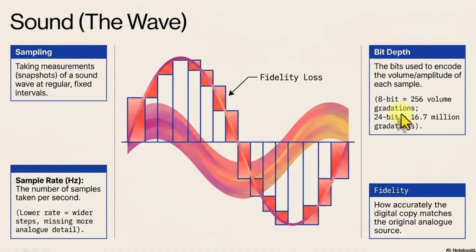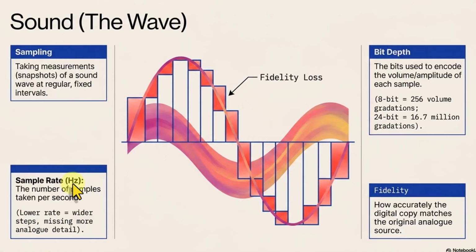Then see here in sound, okay, what do we have? Fidelity, that means how similar your sound is to the actual or original sound. So here we have sampling. Sampling, as we discussed before, means taking measurements of a sound wave at regular fixed intervals. Take a sample here, then just after take a sample here, take a sample here. Okay, so after fixed intervals we take samples.